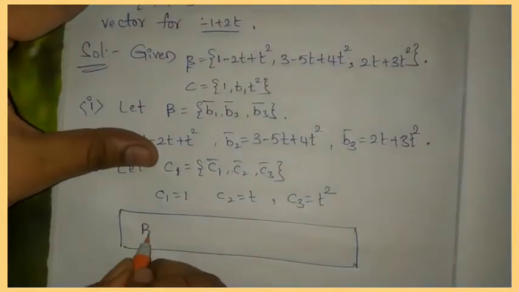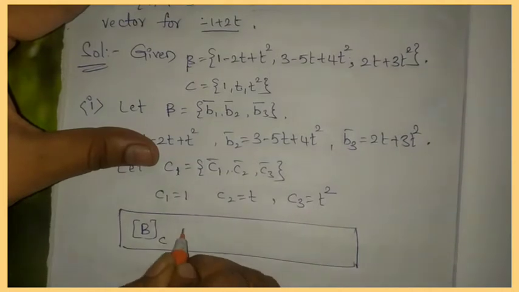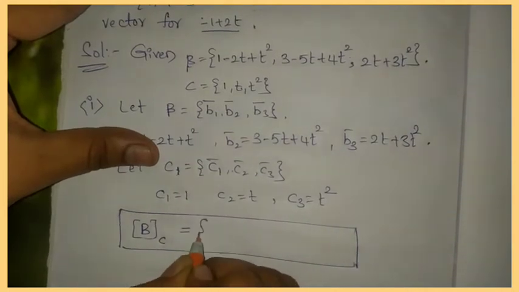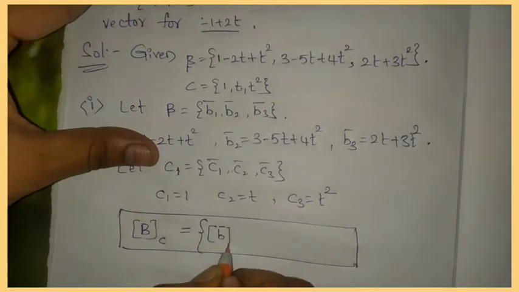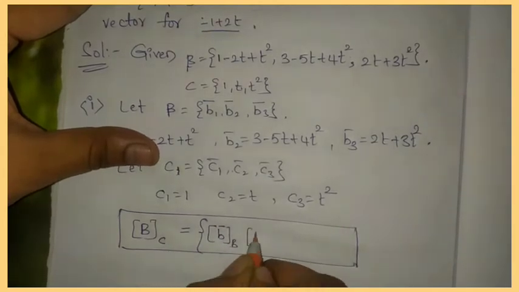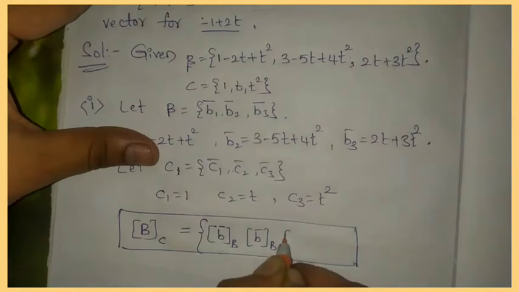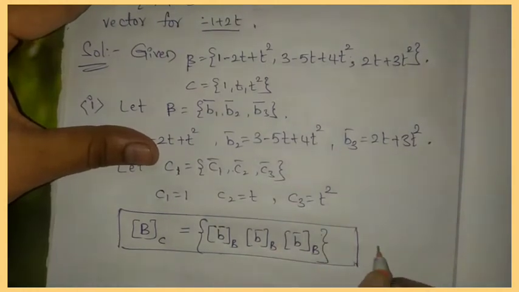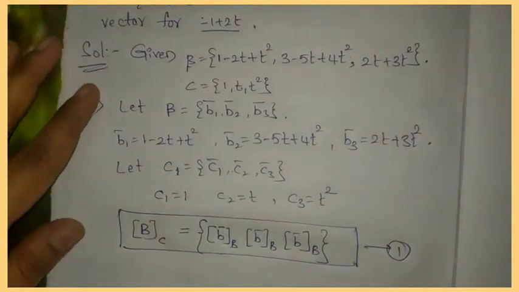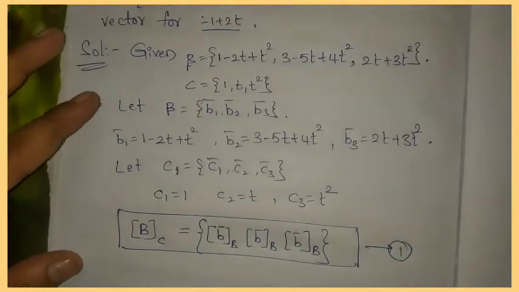So P B to C, we'll write it as the coordinate vectors of b1 bar relative to C, b2 bar relative to C, b3 bar relative to C. Okay, this is equation 1. Now look here.